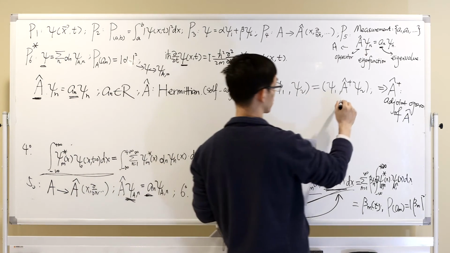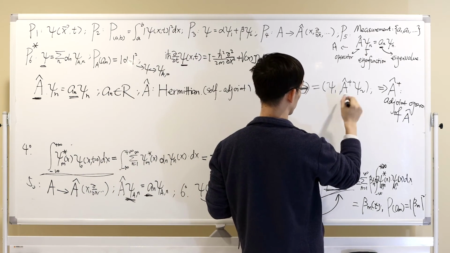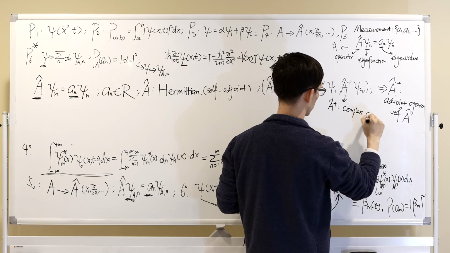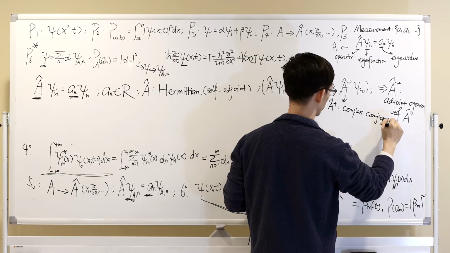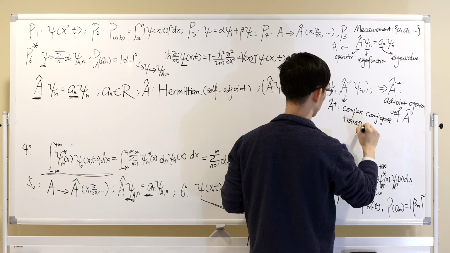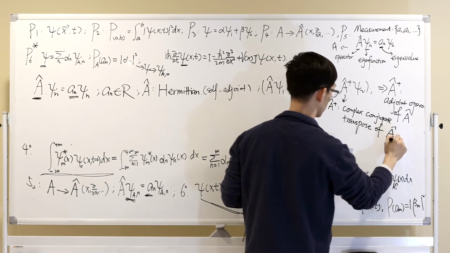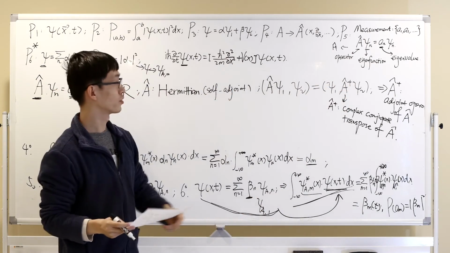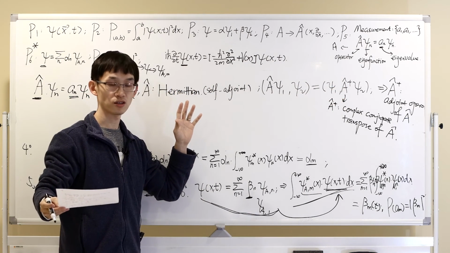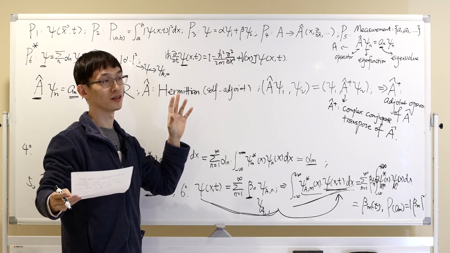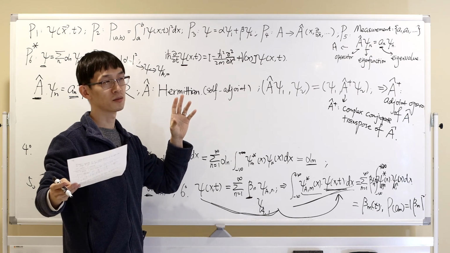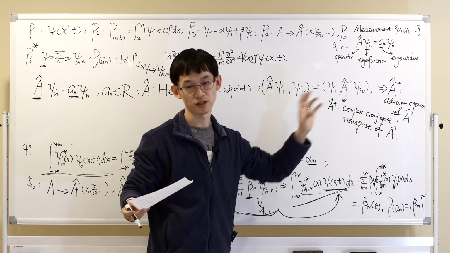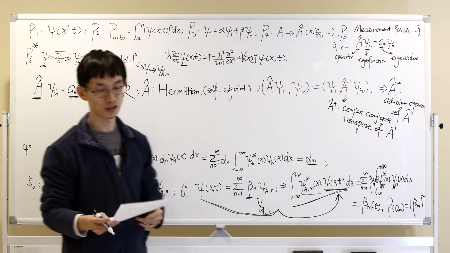And in linear algebra, this A dagger is the complex conjugate transpose of A. In matrices, this is how people use the dagger. But if this is infinite dimension, for example for the momentum operator, position operator, and angular momentum operator, you can't say complex conjugate transpose because it's not a matrix. It's a continuous infinite dimension.